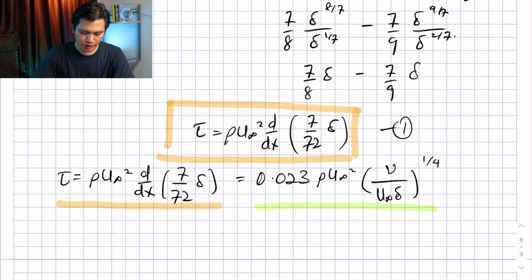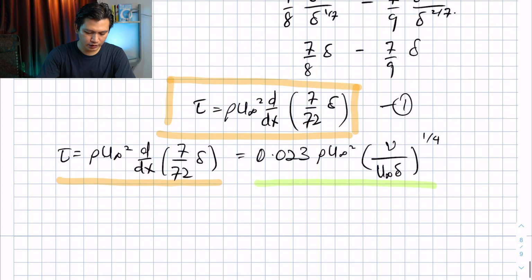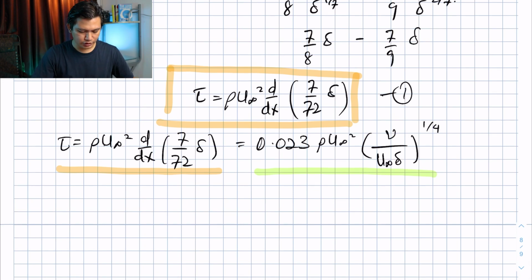Alright, and now what we do is we put everything that is related to del on the left, and the rest we send it to the right. Okay, so let's simplify this equation first, right? So I'm going to cancel out rho u infinity square, that's quite obvious. And I'm going to bring this del to the left.